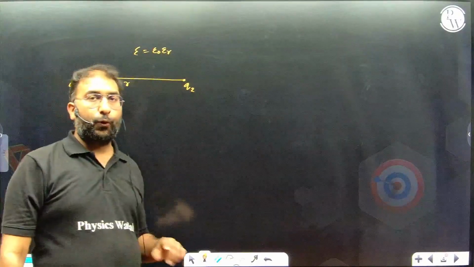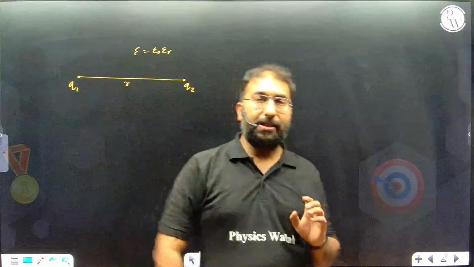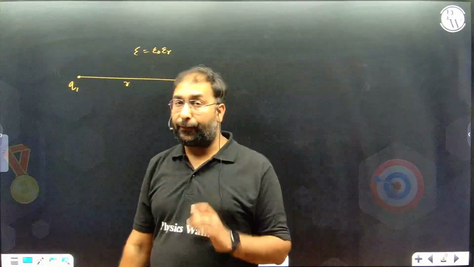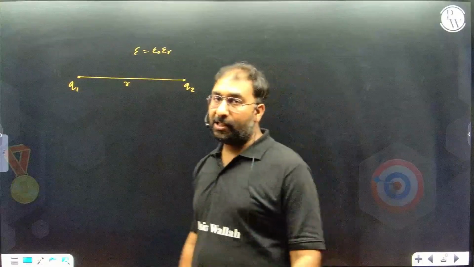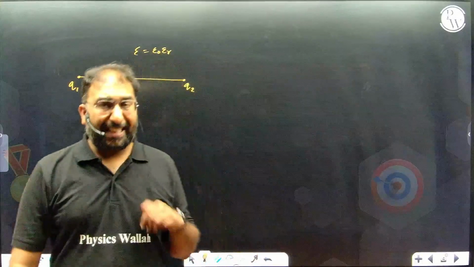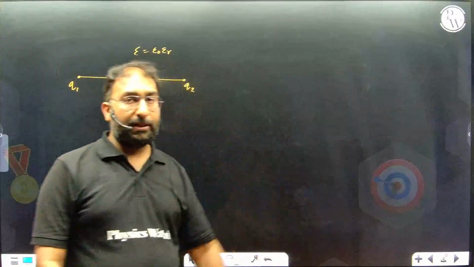The thing you must understand is that the electrostatic force between these two charged particles remains the same irrespective of the medium. What changes is the net force on the particle.